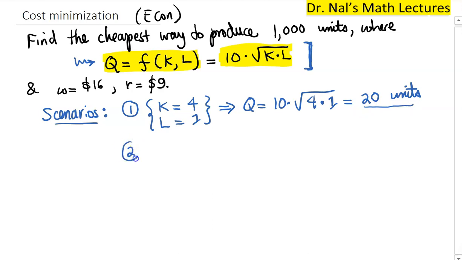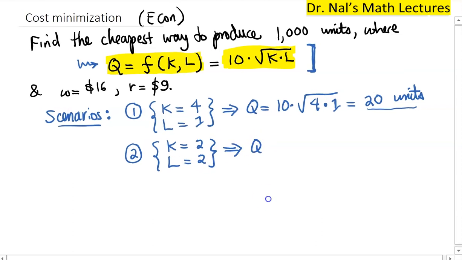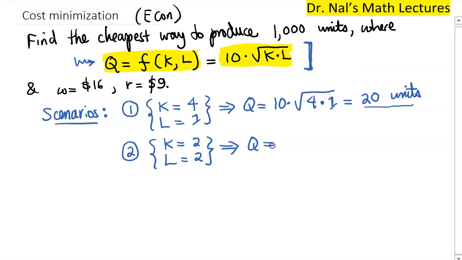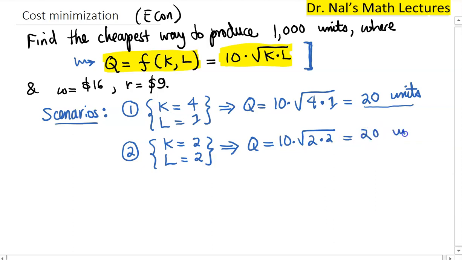Now compare this with another scenario where, alternatively, what happens if I were to combine 2 machine hours with 2 labor hours? Well, our technology would give us that this would have been equal to 10 times the square root of 2 times 2. Not surprisingly, 2 times 2 is 4. Square root of 4 is 2. 2 times 10 is 20 units as well.